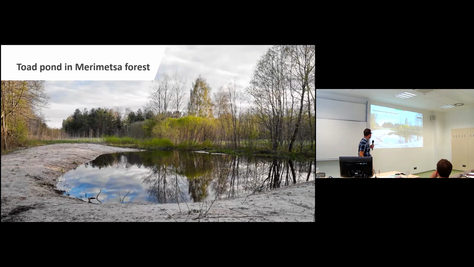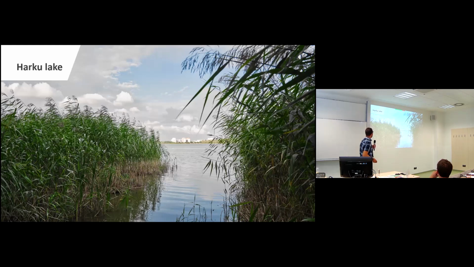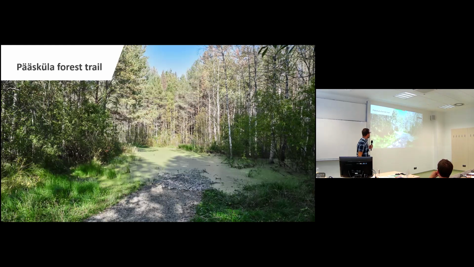A quite recently dug amphibian breeding pond that is not far from the city center. The Harku Lake, very important for bats as a feeding area. And the wetland forest trails are very popular as a recreational destination for people.